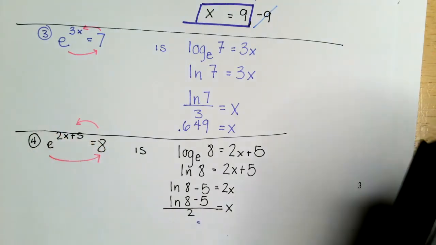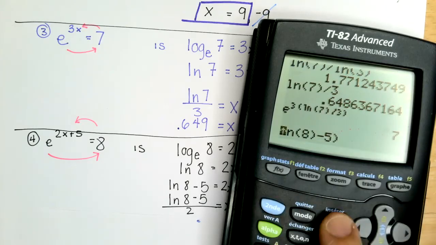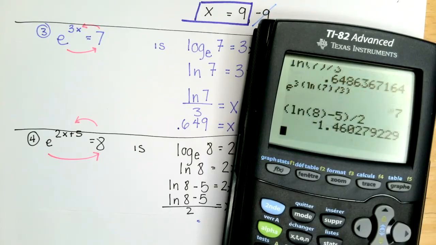Good. Natural log of 8 minus 5 divided by 2 is negative 1.460279229. And I check that.